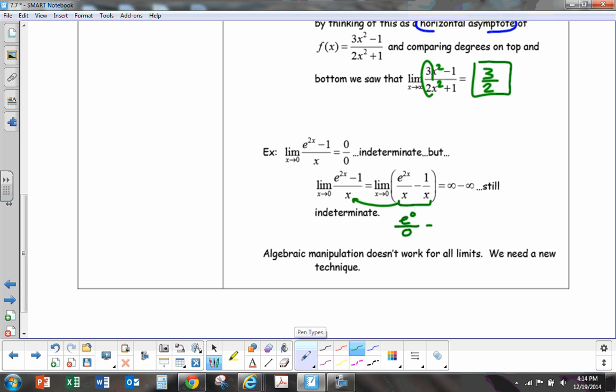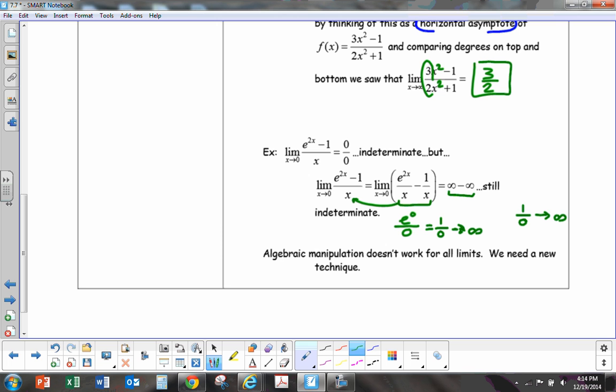So that becomes 1 over 0. Well, 1 over 0 approaches infinity. And then for the second part, 1 over 0 approaches infinity. So I'm left with infinity minus infinity, and I can't do anything there. That's indeterminate.